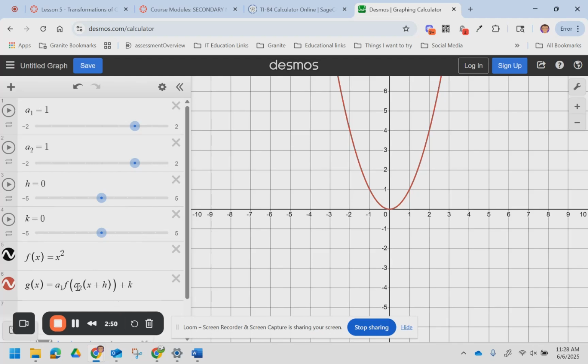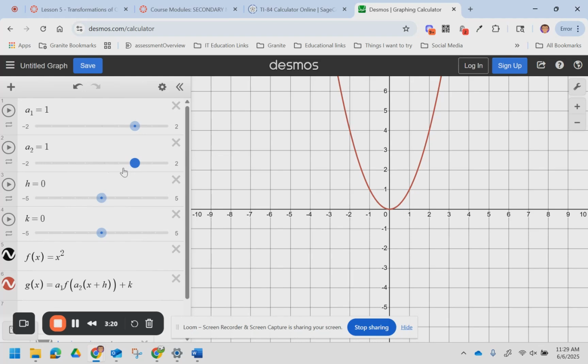Okay, let's now look at how our different multiplications will work. So first, let's just change this a sub 2, where we are multiplying on the inside, from a 1 to a negative 1. And you'll notice we don't really see any difference.